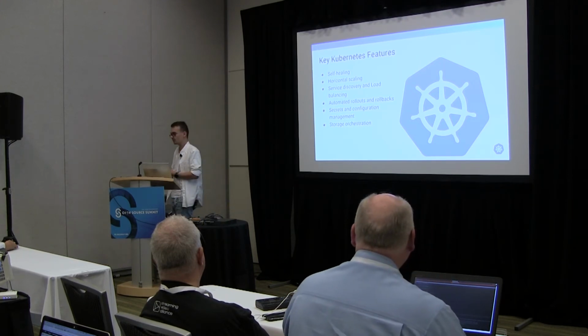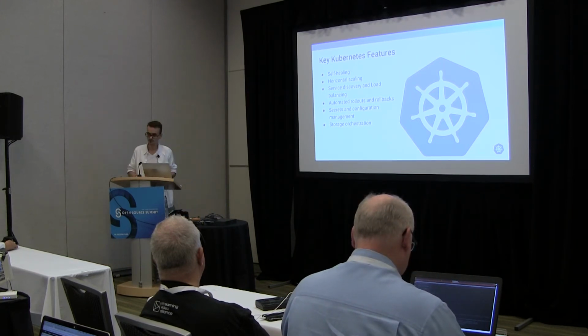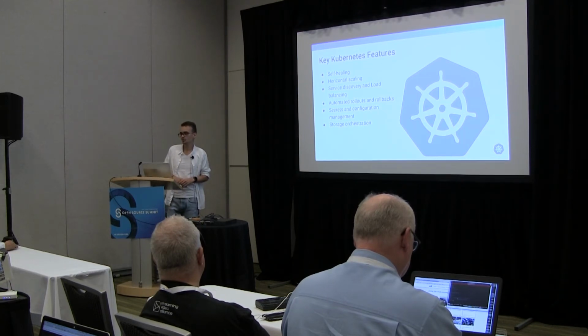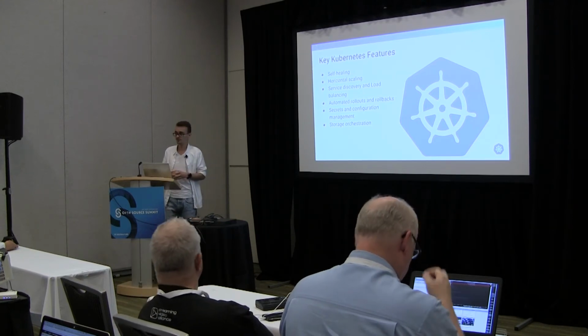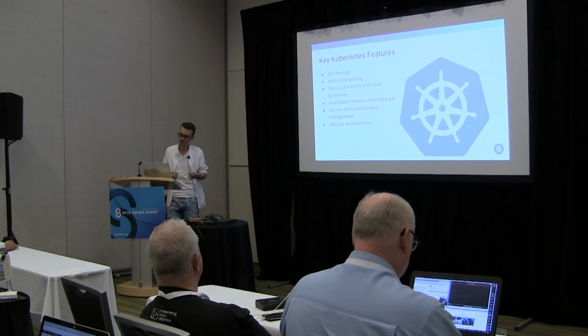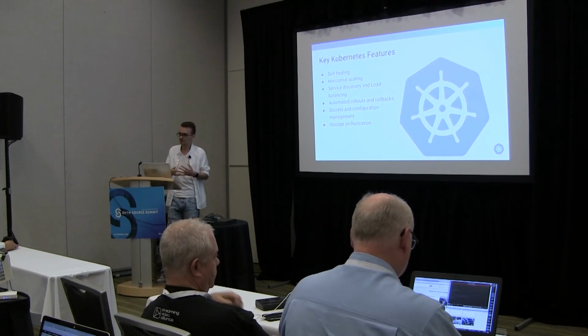If you properly set up your Kubernetes cluster, and it's not so complicated, and if you properly set up your applications on Kubernetes, you should not care about recovering something if it gets destroyed.